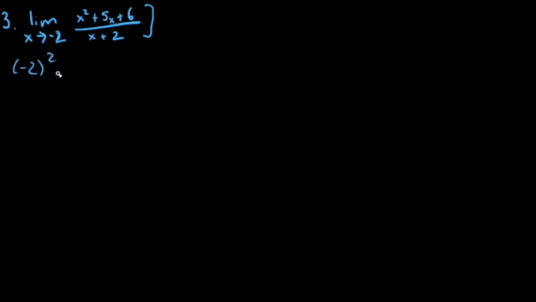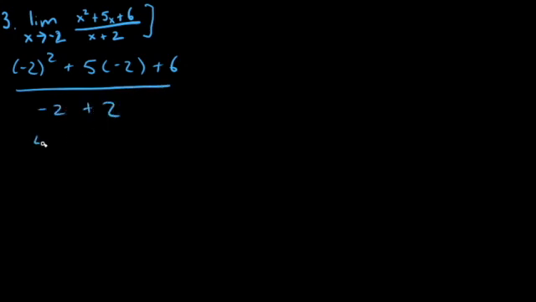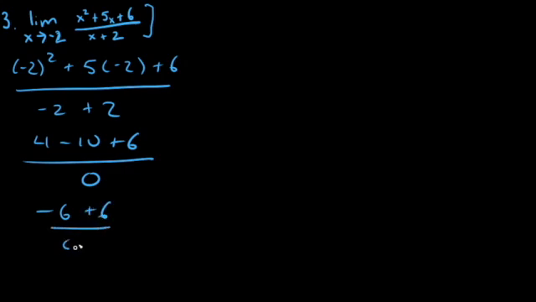We get -2 squared plus 5 times -2 plus 6, and then -2 plus 2. So we get 4 minus 10 plus 6 over 0, which gives us -6 plus 6 over 0, which is 0 over 0.